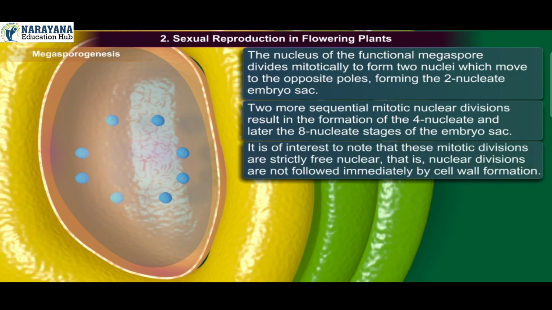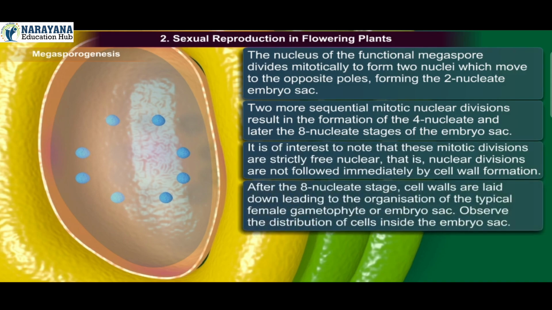It is of interest to note that these divisions are strictly free nuclear, that is, nuclear divisions are not followed immediately by cell wall formation. After the 8-nucleate stage, cell walls are laid down, leading to the organization of the typical female gametophyte or embryo sac. Observe the distribution of cells inside the embryo sac.